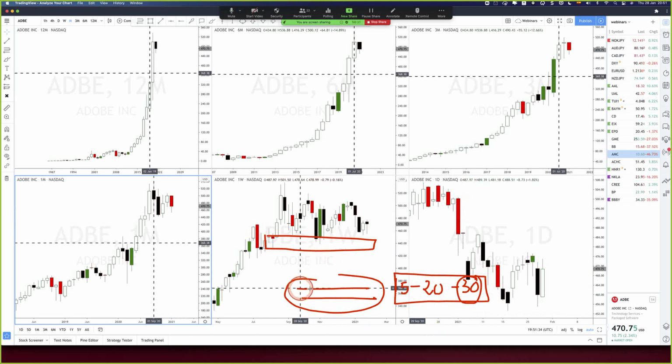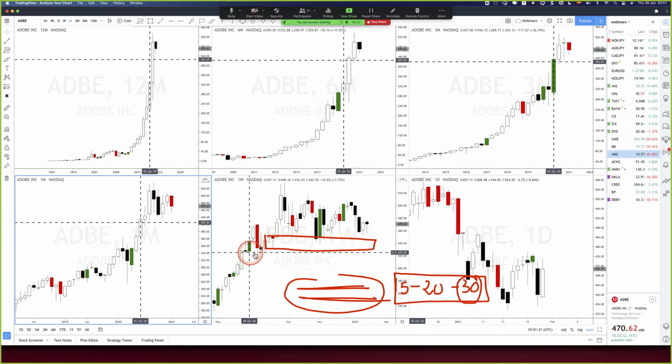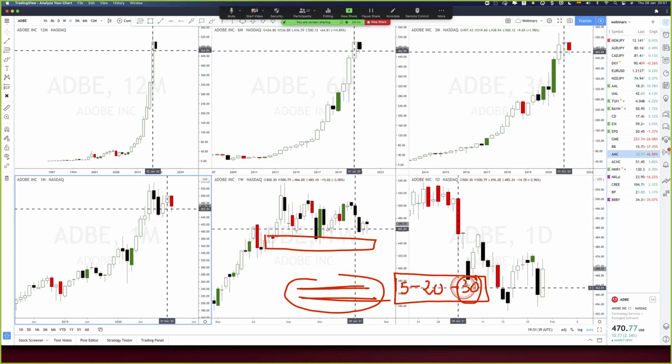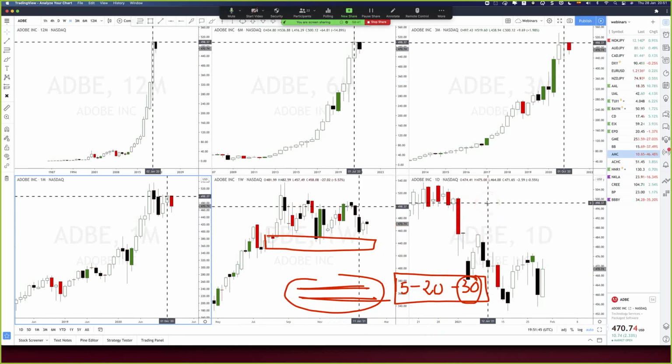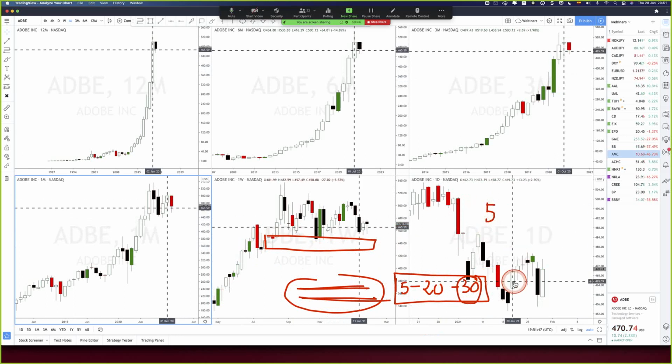So you buy here. This is a spread right there, so far away. But in order to get that kind of money, with Adobe, for example, you're going to have to use strike prices of $5 or even $10.